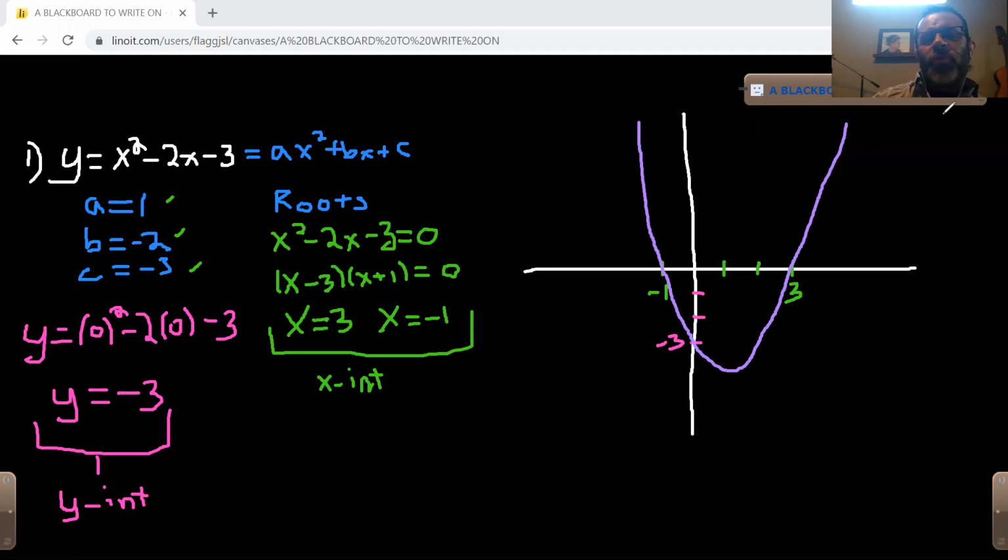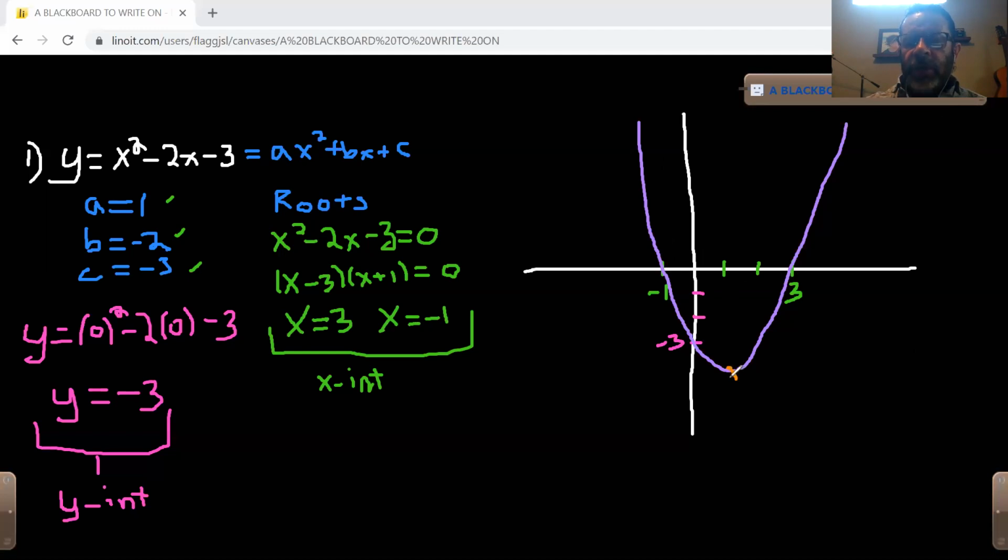Now, there's one thing that would be useful also to find here in the graph. What would also be useful to know, just to have even more detail to the graph? Can somebody tell me? I know where it crosses in x and I know where it crosses in y. Do I know the value of this point here?